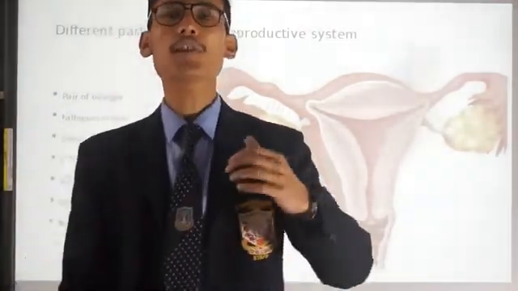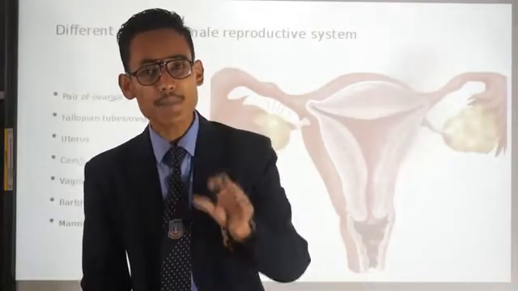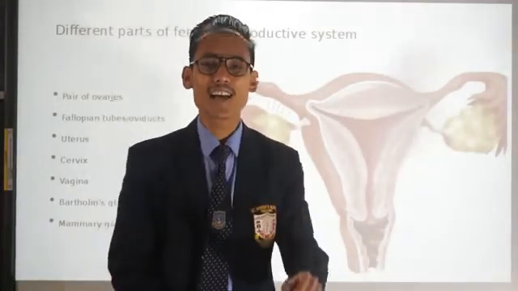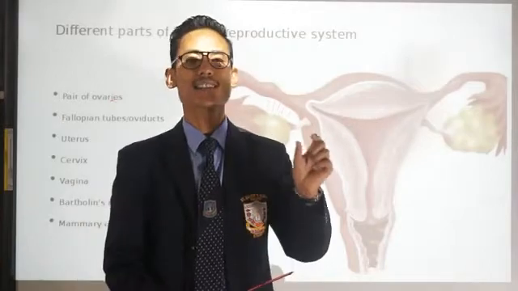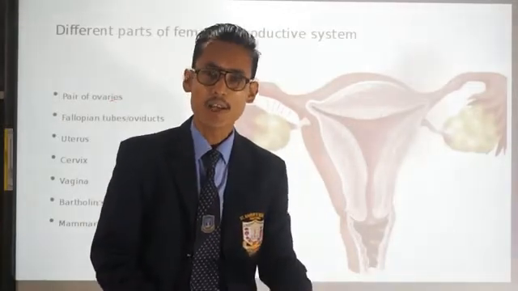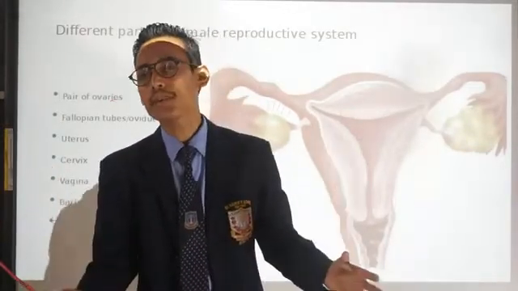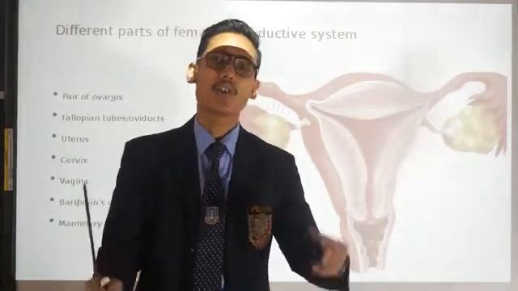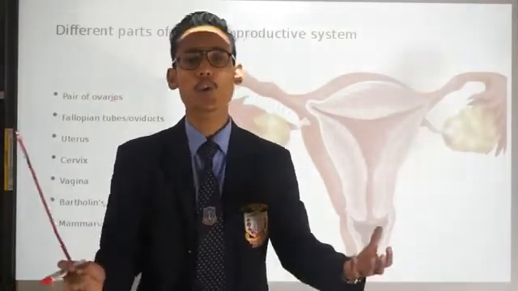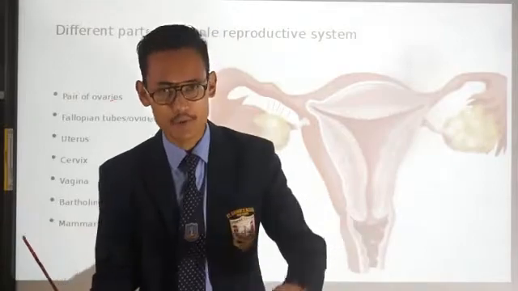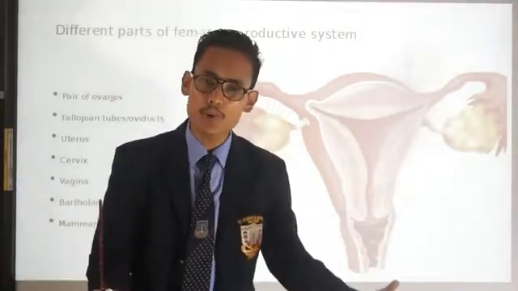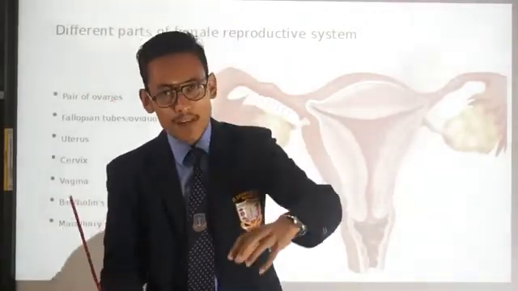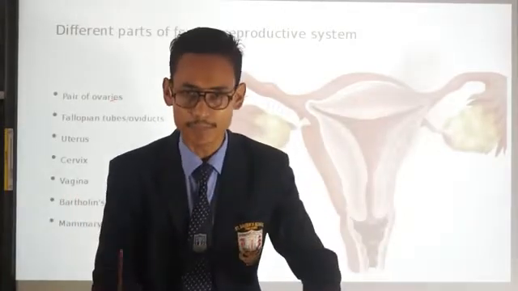Because for the formation of sperm, the temperature has to be 2 to 3 degrees Celsius less. But such a temperature requirement is not there for the formation of ova from the ovary. That's why the ovary is present within the abdomen or in the pelvic region.